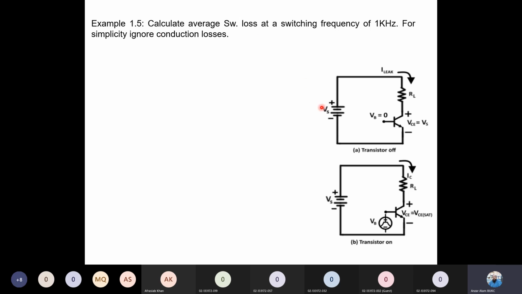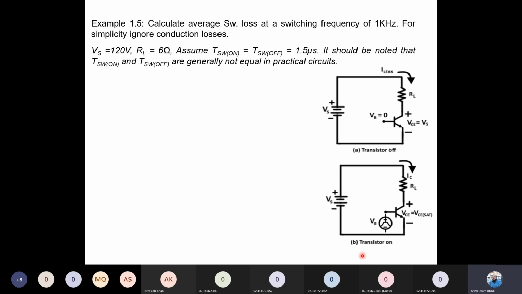So this is the off time, this is the on time. Now the data given: VS is equal to 120 volt, RL is 6 ohm. Assume that this T switch on means the transition time, switching on time equals switching off time, and it is given to you as 1.5 microsecond.